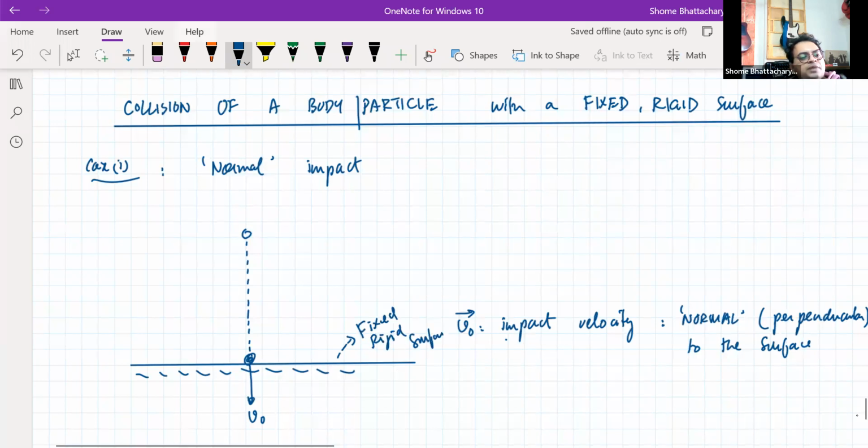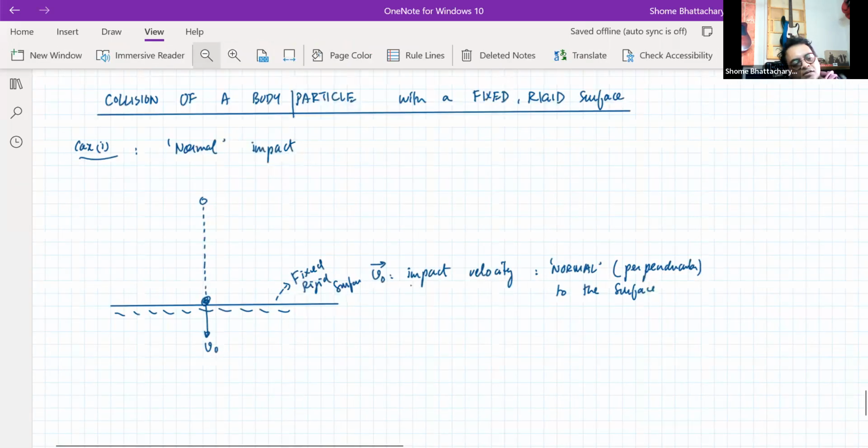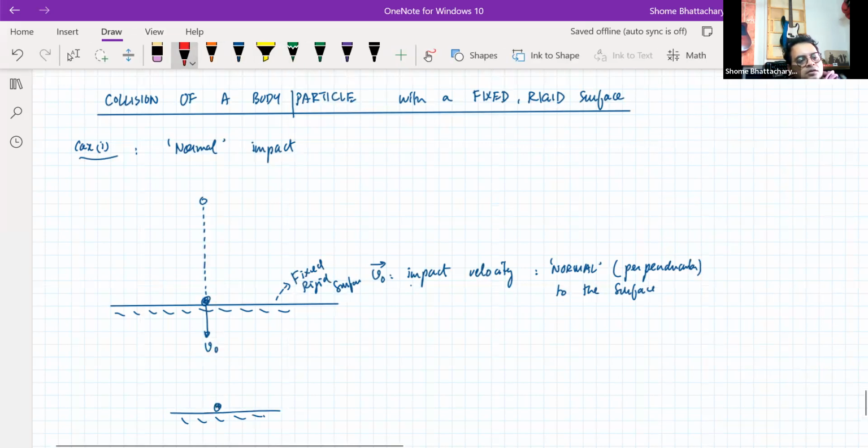So what happens on impact is that the surface ends up applying an impulse on the object in this sort of direction. Okay. So this is an equal and opposite impulse acts on the surface, but this impulse is absorbed by the ground, by earth, because the surface is fixed to the earth.